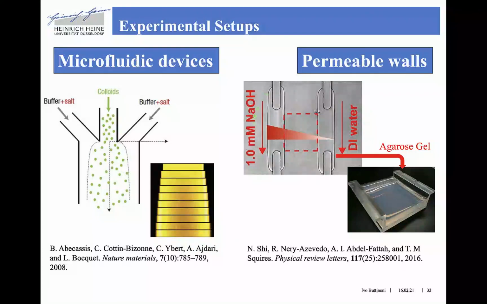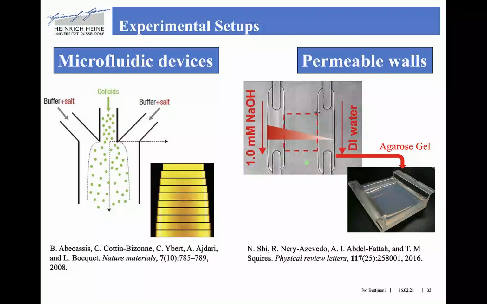An alternative way is to employ permeable membranes or permeable walls, so that in this way we are able to flow on one side deionized water and set to zero the concentration of salt, for example, at this wall, whereas on the other side a controlled concentration of salt flows through this other left channel.